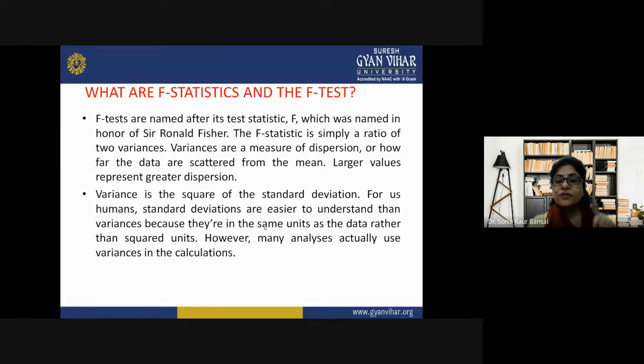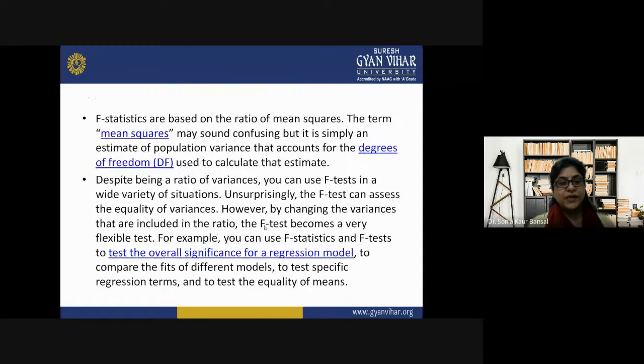And when we are applying the F-statistic, just remember that the F-statistic is based on the ratio of mean squares. The term mean squares may sound confusing, but it is simply an estimate of population variance that accounts for the degrees of freedom used to calculate the estimate.